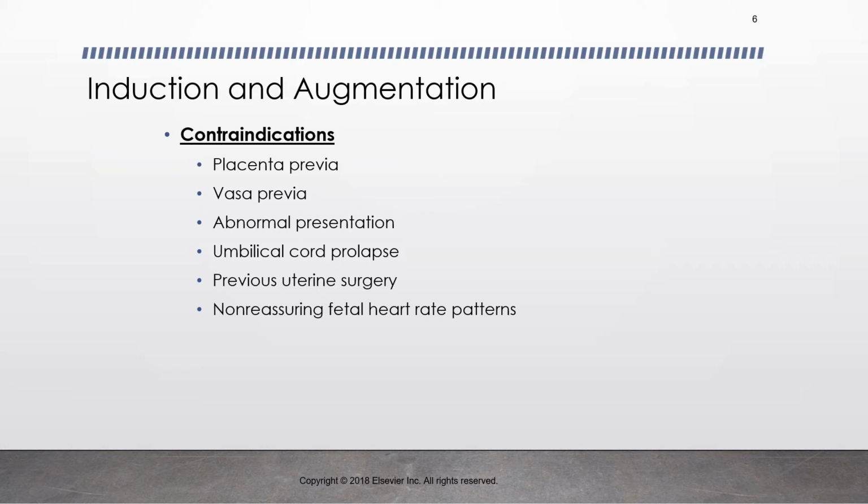And then we're monitoring baby, with or without slight augmentation, and we have minimal variability or none, or for some reason we have some strange variables. We would not want to induce labor. That baby will have to be born cesarean.